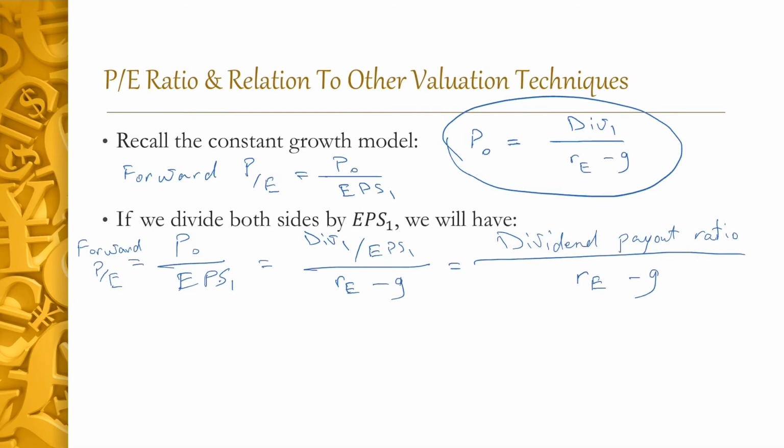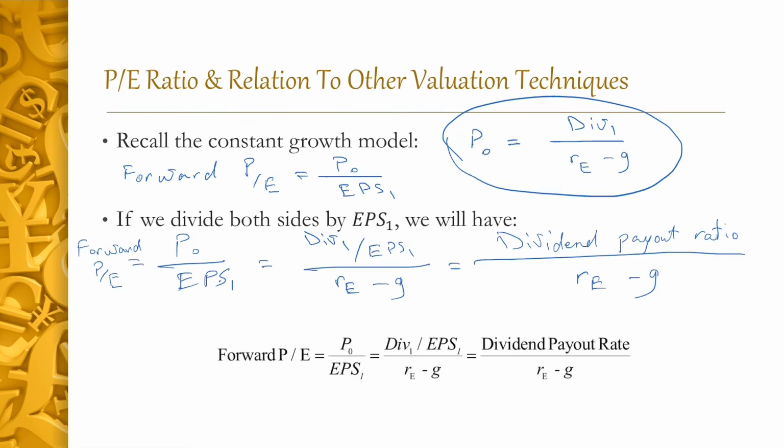Here you can see there is a relation between g and P/E. First of all, there are relations between the forward P/E and each of these parameters that we have here.